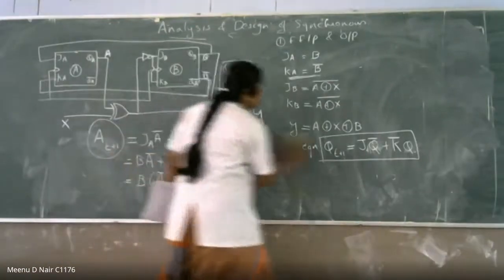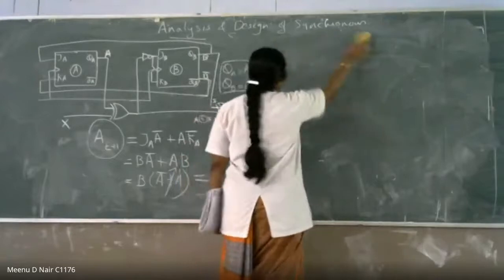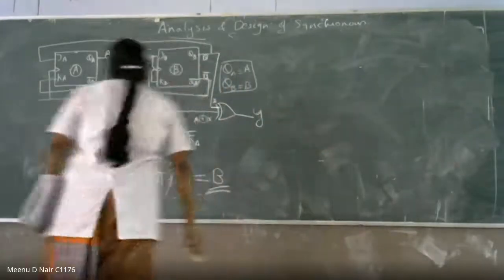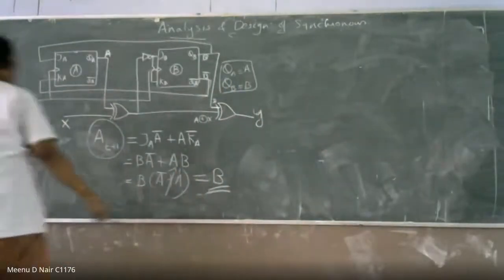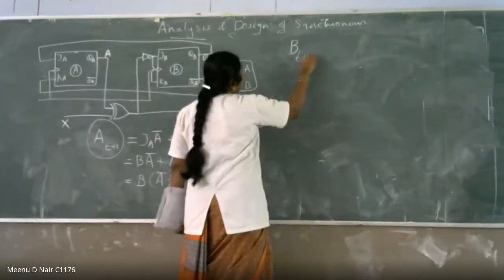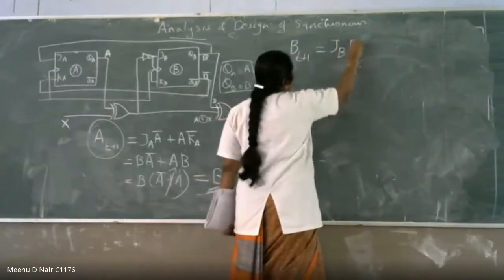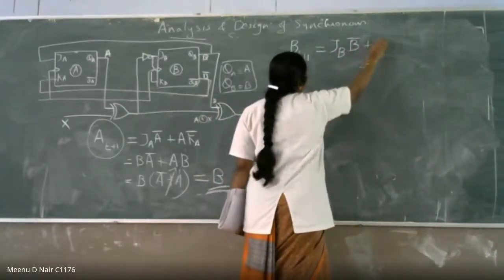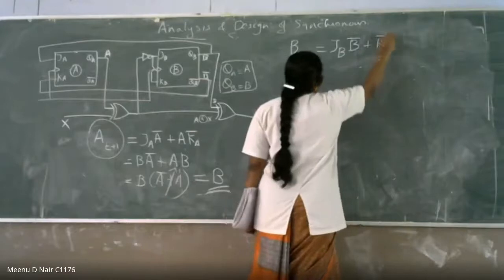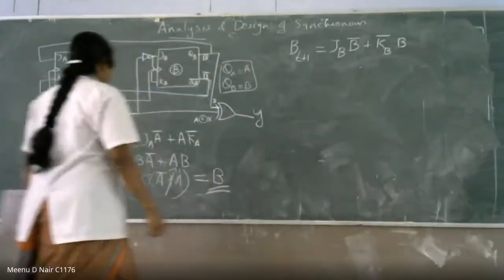Similarly, we have to see the next state expression for your second flip-flop. That is B, you are representing it as B T plus 1, which is equal to JB B bar plus KB bar B. This is your second flip-flop, right?